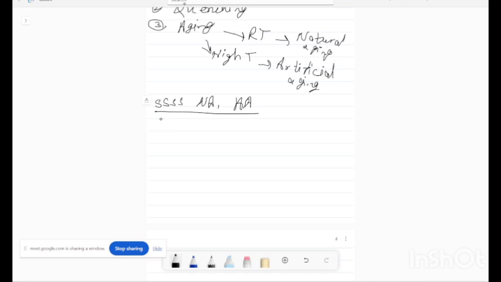So there are temper designations: temper and condition.